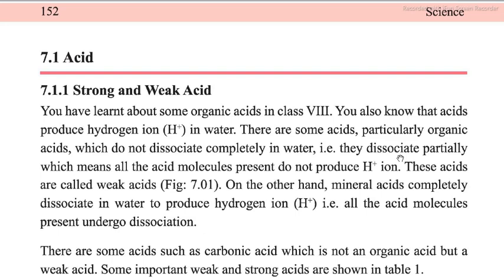So this line has been said, there are some acids, particularly organic acids, which do not dissociate completely in water. That is, they dissociate partially, which means all the acid molecules present do not produce H+ ion.